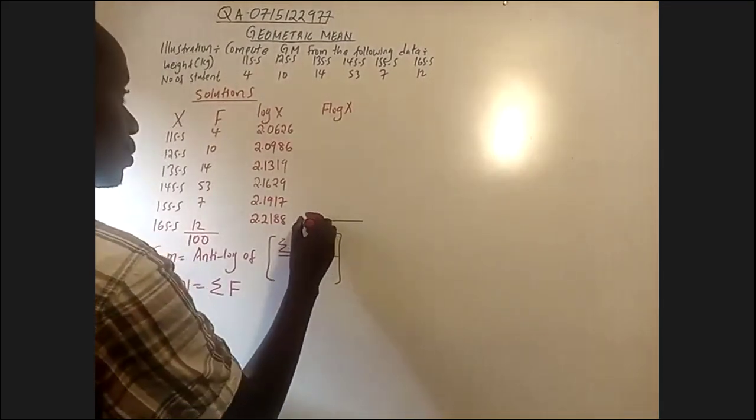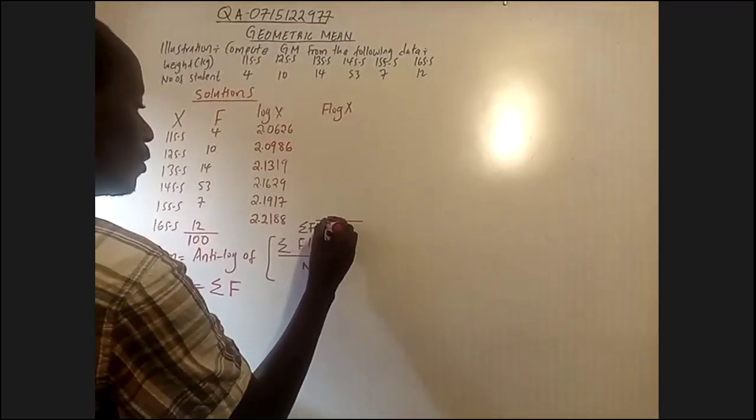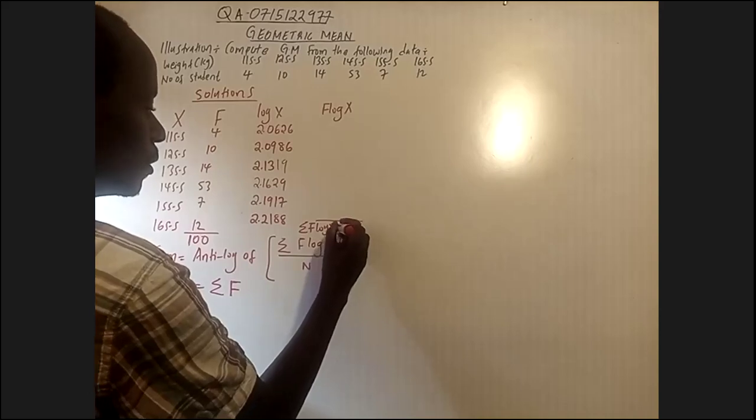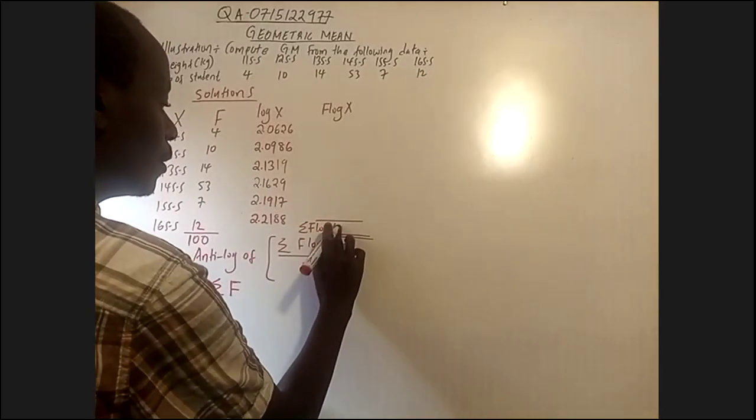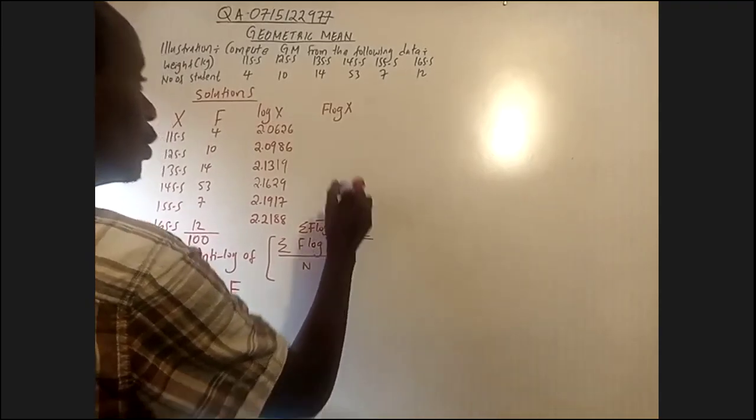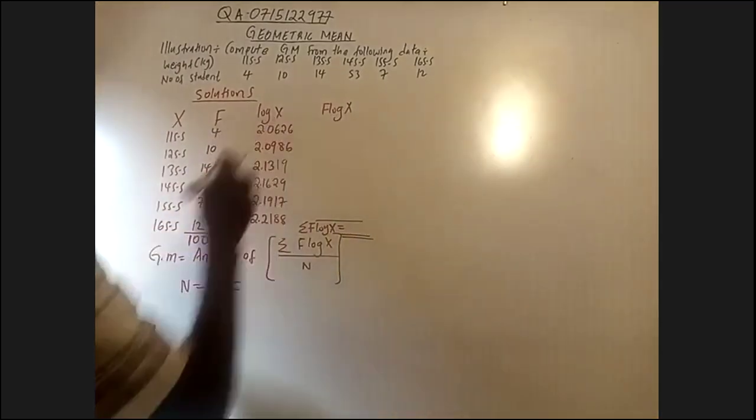Now we need the summation of f log x. Now you need to multiply f times our log.